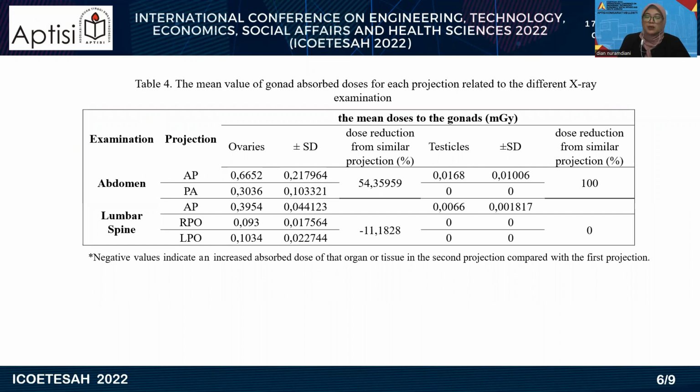Use of the PA position rather than the AP can result in female ovarian dose reduction on abdominal radiograph by 54.36% and a male testicle dose reduction by almost 100%. On lumbar vertebral examination, an additional dose to the ovaries of women occurred in the LPO projection, and there was no observed value of the absorbed dose of the testis in men, which was measured on the oblique projection examination.